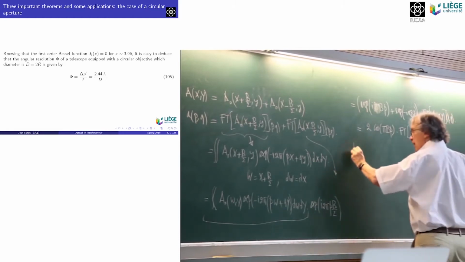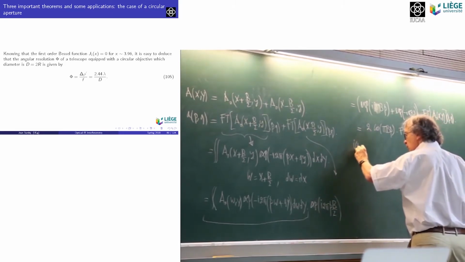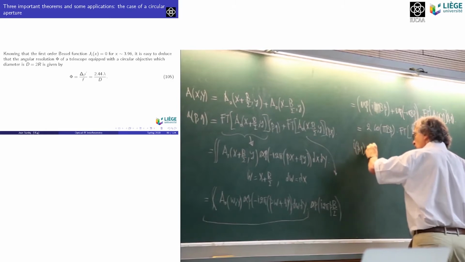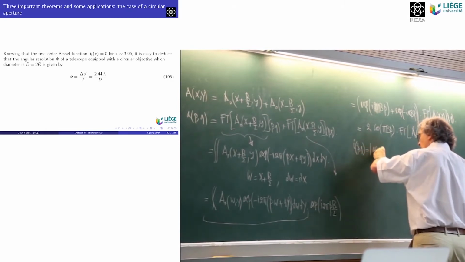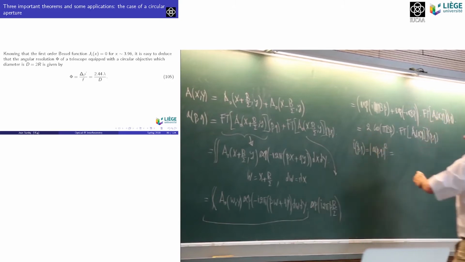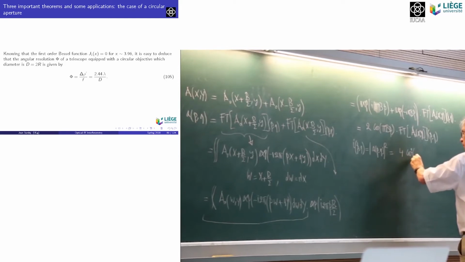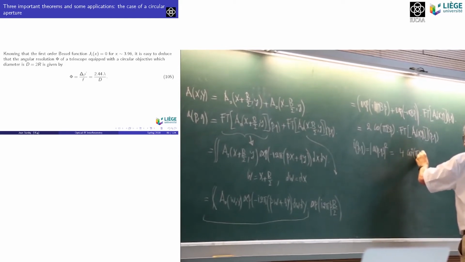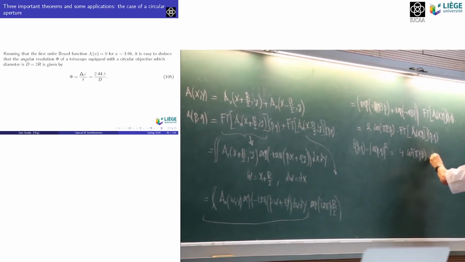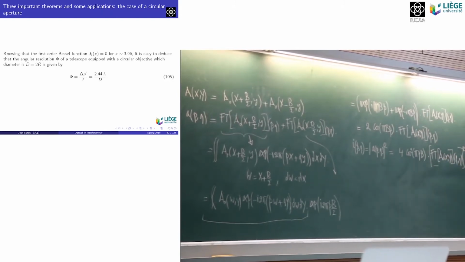And now I may calculate the intensity distribution in the focal plane, which is |A(p,q)| squared. It will be equal to 4 times the cosine squared of pi p B multiplied by the Fourier transform of A0 of xy of p, q, squared. And now you see what you can do.